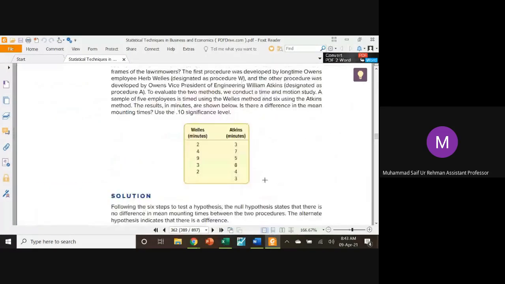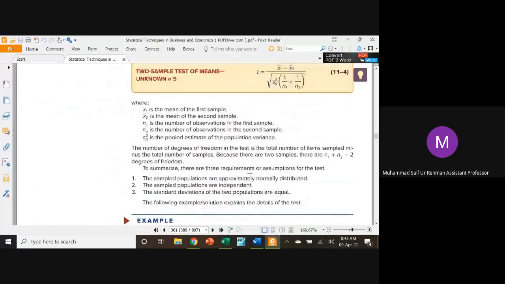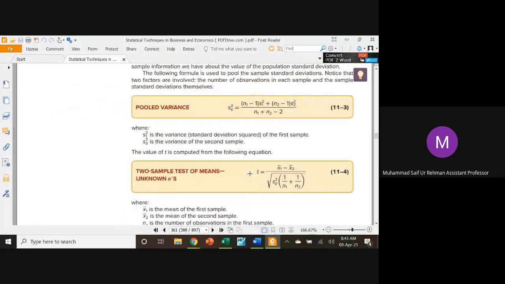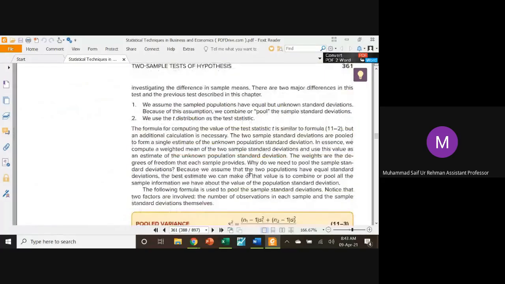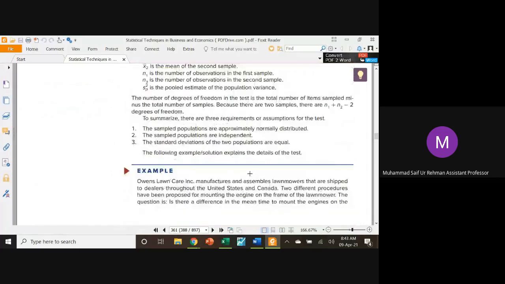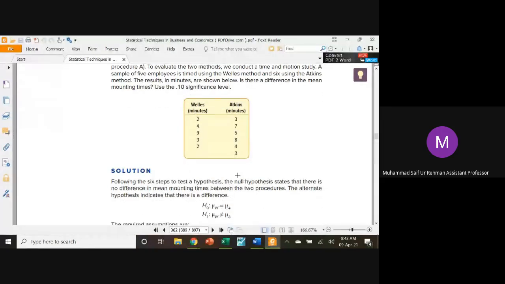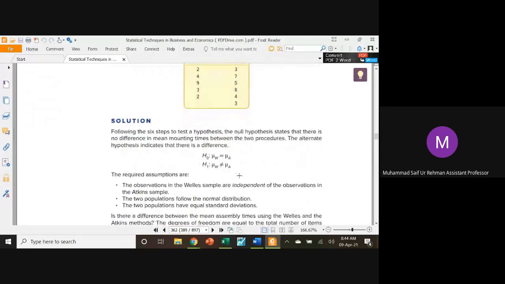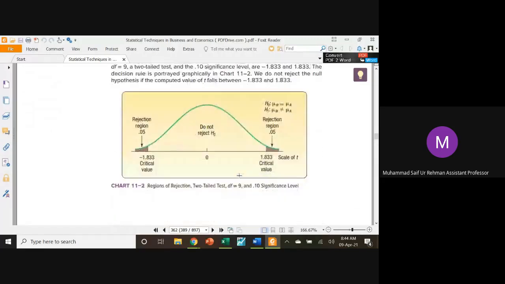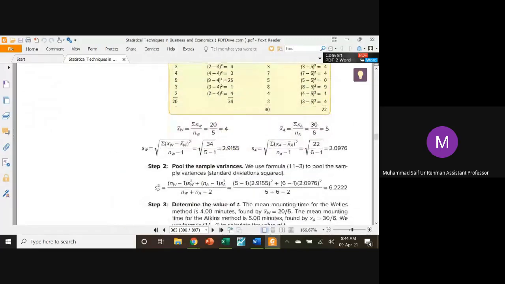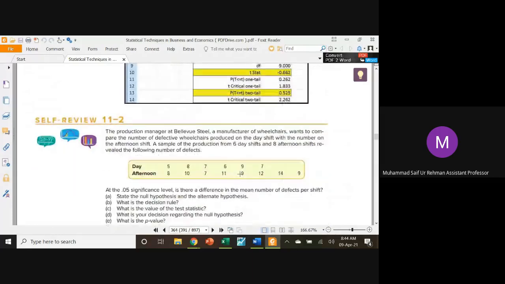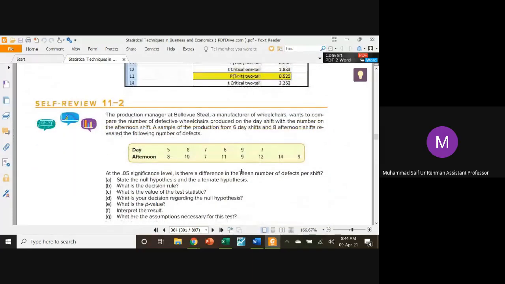It is solved over here, and the formulae are also there. I am leaving this question to you. It is completely solved, so you simply have to see how the writer is solving this question. Now let us solve self-review 11-2.